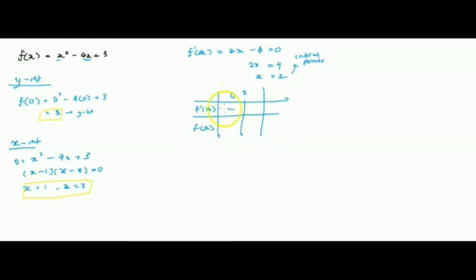When it is negative, the graph for this function is decreasing. Okay, so on this side we have to use a number that is higher than 2. Let's say I will take 3.